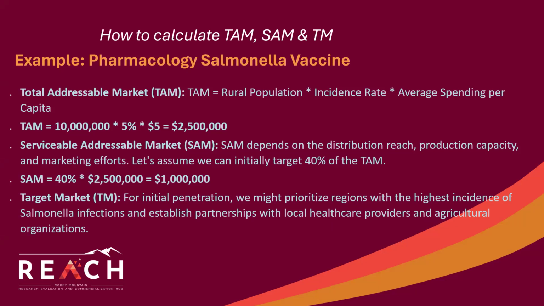Your SAM depends on the distribution reach, the production capacity, and the marketing efforts. Let's assume that you can initially target 40% of your total addressable market. So the formula is 40% times 2.5 million equals 1 million.